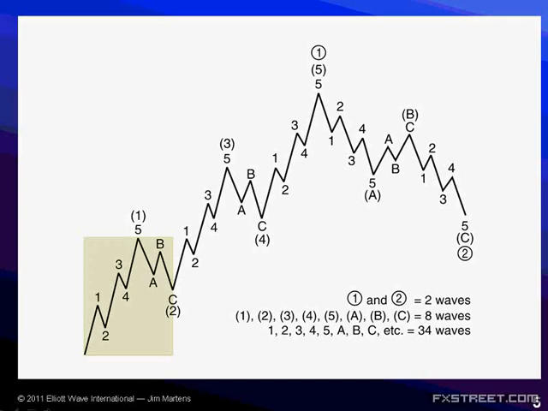So the downward legs are in 5, the rebounds in 3, corrective, and then down again. But then when we look at it in its entirety, it's in 3 waves, signifying that it is a correction. It corrects the prior 5-wave advance.